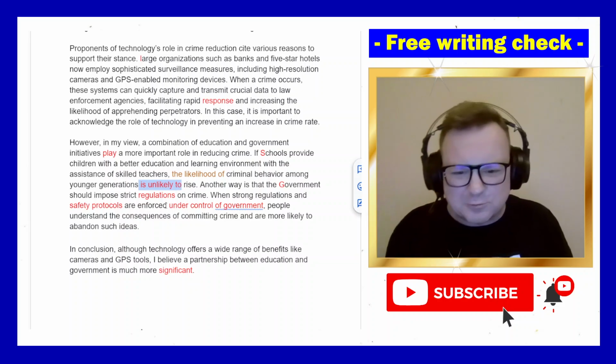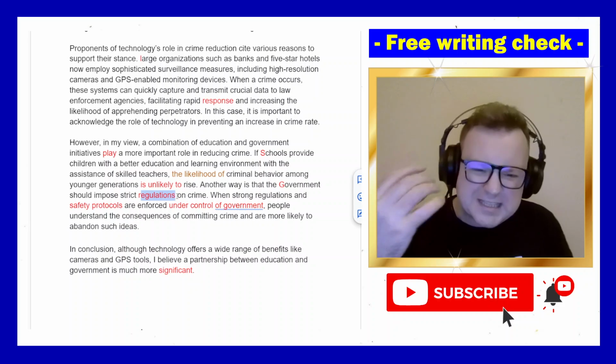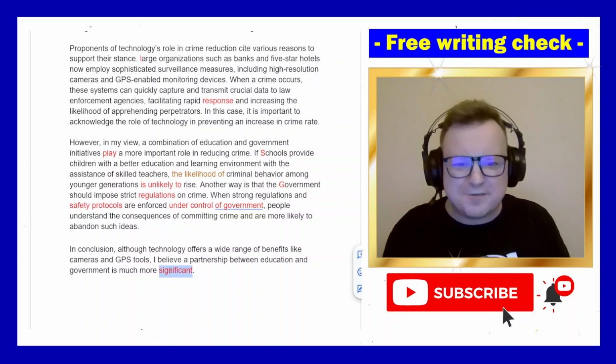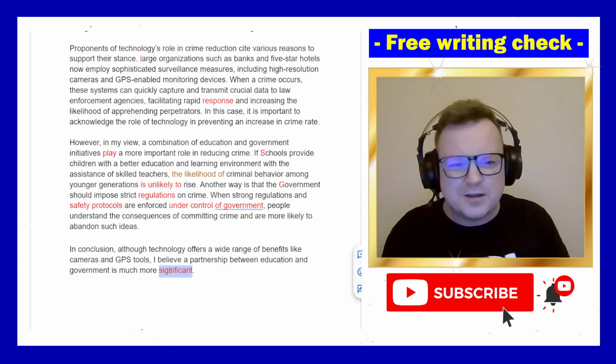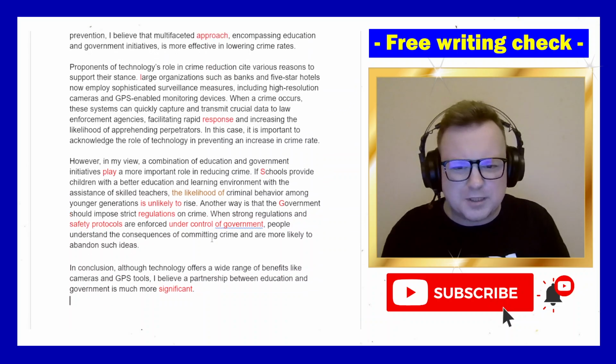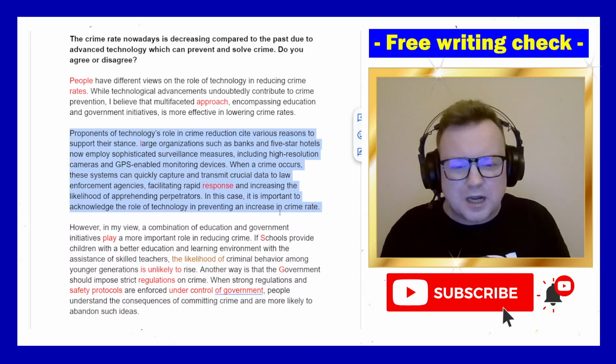Again, not really absolutely clear with that vocab. And then safety protocols and regulations on crime isn't quite right. Much more significant, that's the wrong word there. So I think, yeah, there's certainly enough to pull it down. It's certainly not a 9, although this is absolutely 9.